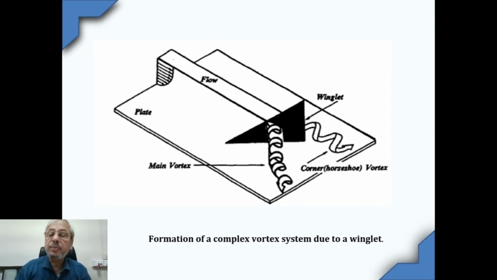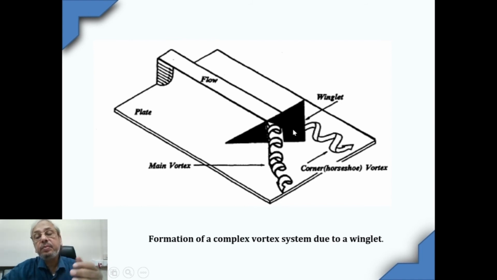The first example I am giving is flow past a delta winglet in a channel. See, this is the delta winglet, and the approach flow is coming, as you can well understand, from the other side.